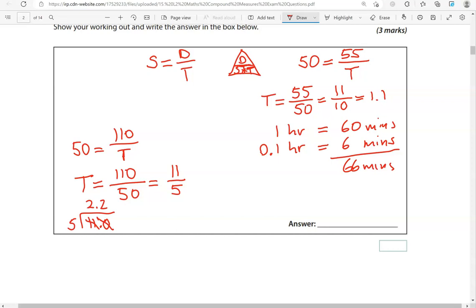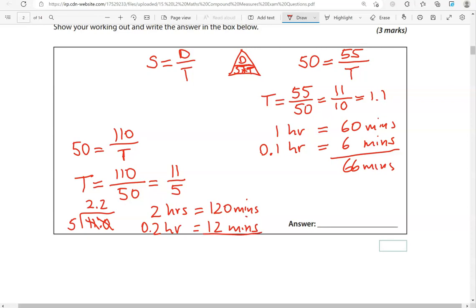So that is 2 hours, which is 120 minutes, and 0.2 of an hour. 0.1 was 6 minutes, so 0.2 is going to be 12 minutes.